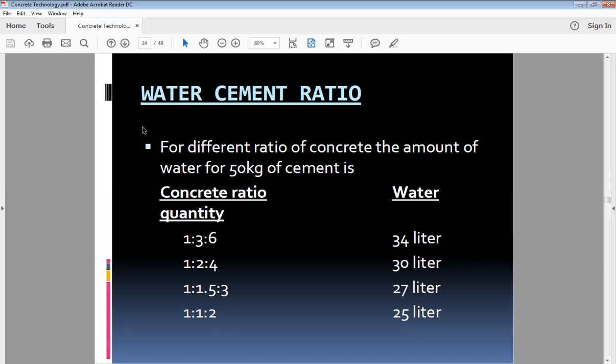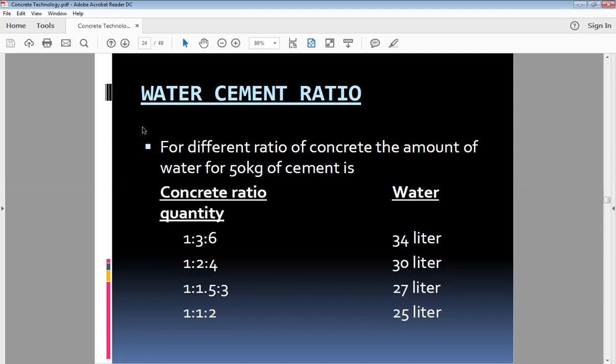Okay. Fine aggregate means sand, and coarse aggregate has a size equal to or more than 4.75 mm. To differentiate between fine aggregate and coarse aggregate, we can use the 4.75 mm sieve.